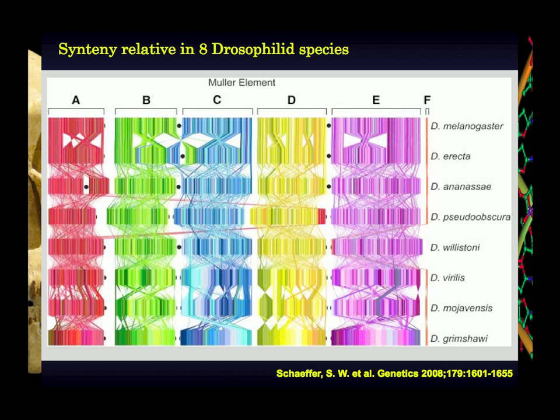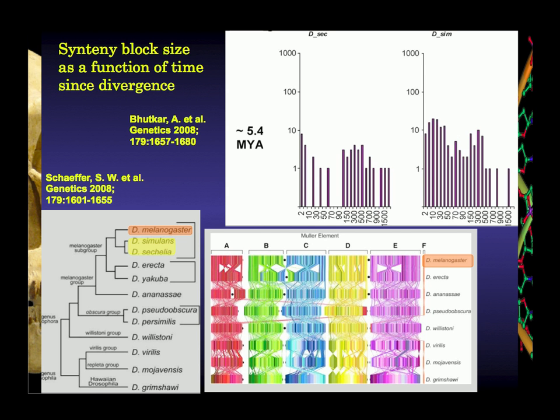Okay. Now, what scientists can do is say, in a given species compared to another species, what's the biggest number of genes that we can find still together in a block? In this case, we're comparing these two species relative to that standard species, Drosophila melanogaster.